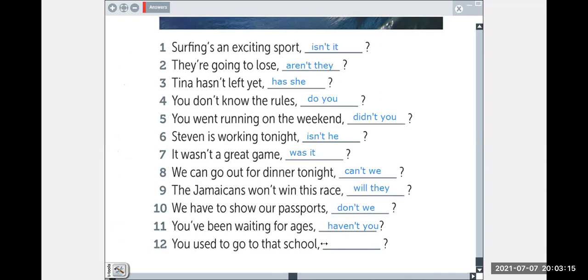So I want you to check. Do you remember that we have two kinds of pronunciation for questions? Okay, what are the pronunciations? Up and down, right?